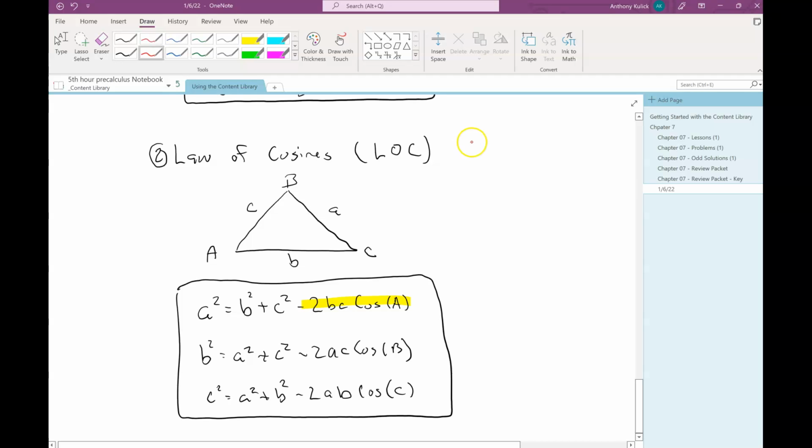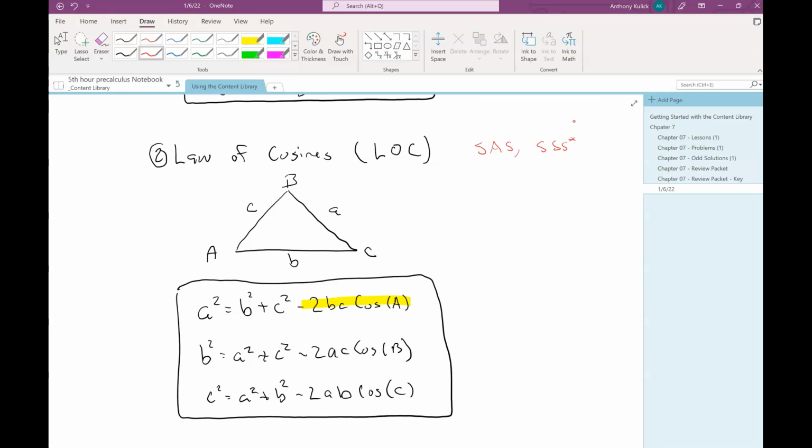So the law of cosines, we want to use when we have a side angle side situation or a side side side situation. Now I'm going to put a little asterisk on the side side side situation because there's one other thing we need to make sure that we're checking for in that situation before we go bowling right into using the law of cosines. But we'll deal with that here in a little bit when we get there.